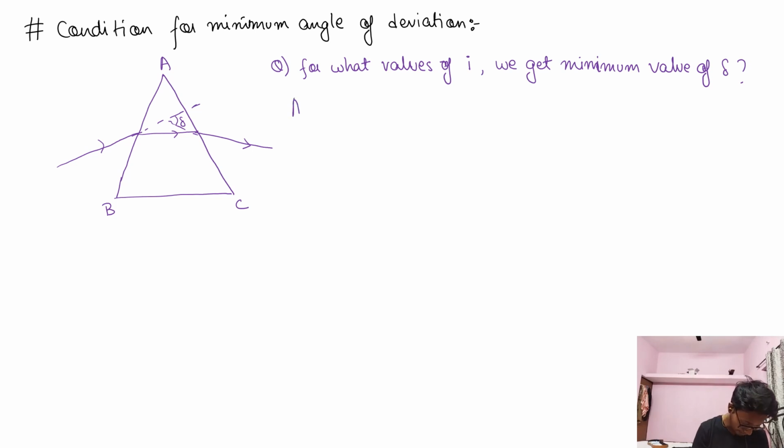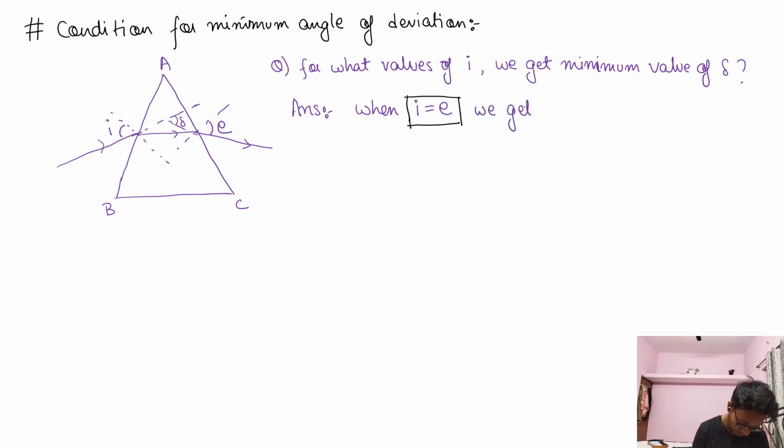So the condition here is when I is equal to E, or when the angle of incidence is equal to the angle of emergence, we get the minimum value of deviation.